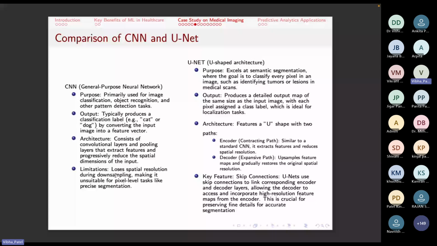Okay. So this is one of the key crucial components of UNet, the skip connection, which in turn preserves the fine details for accurate segmentation purposes.